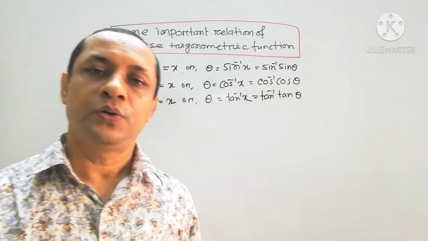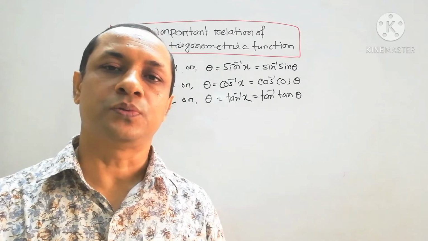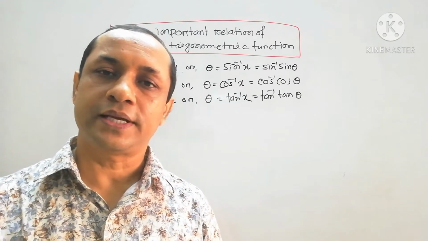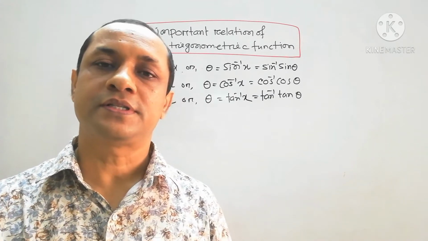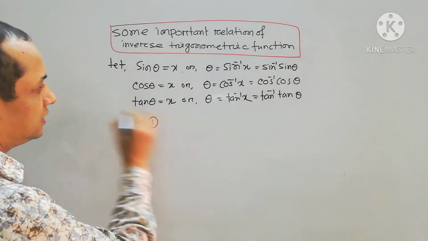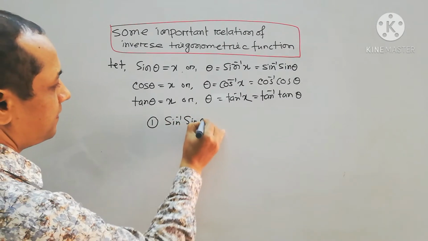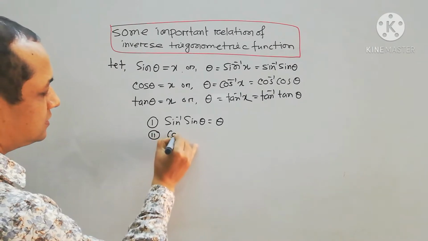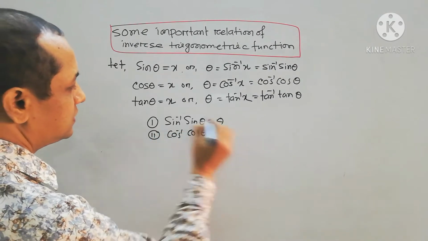Then similarly we can prove that theta equals cot inverse cot theta, theta equals sec inverse sec theta, and theta equals cosec inverse cosec theta. So we can write: number 1, sin inverse sin theta equals theta. Number 2, cos inverse cos theta equals theta.